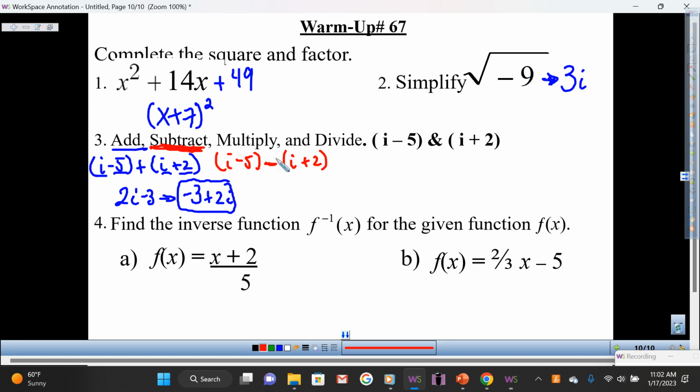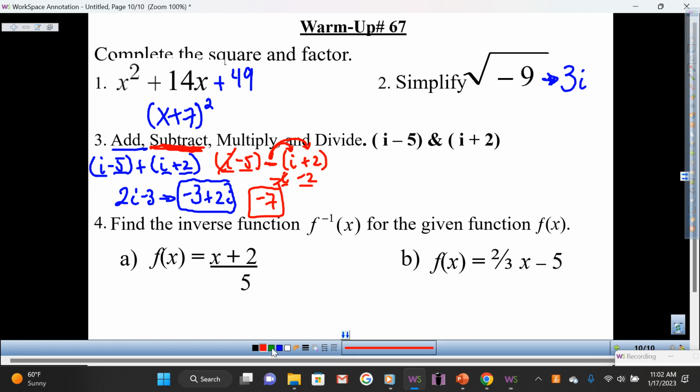Ivan, what do I do? Distribute. Yes, we distribute into the parentheses, so this is -i and -2. Now we combine. What is i minus i? 0. What is -5 and -2? -7.